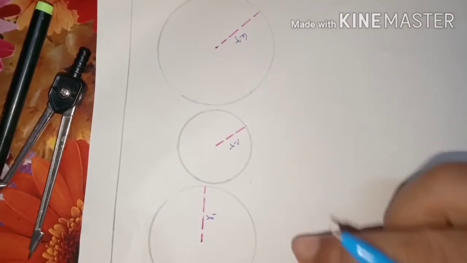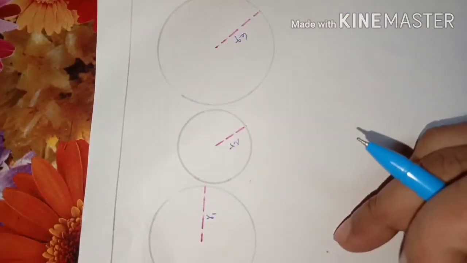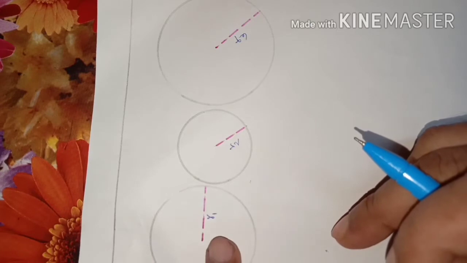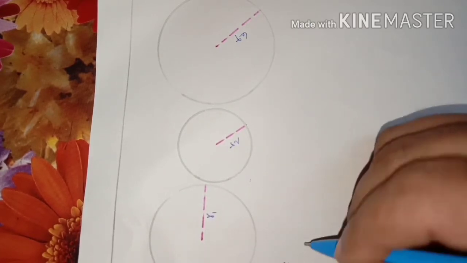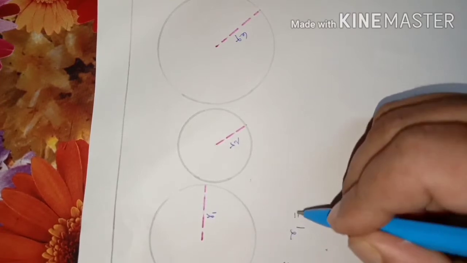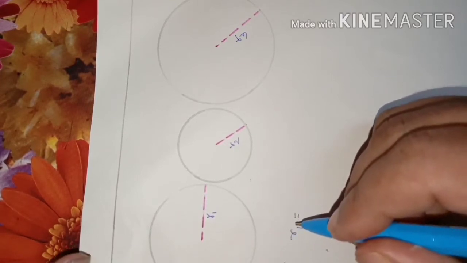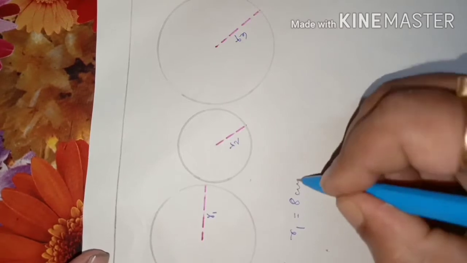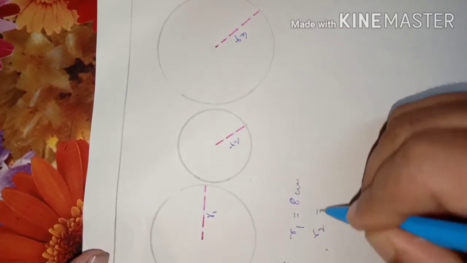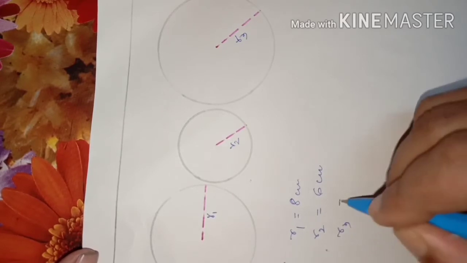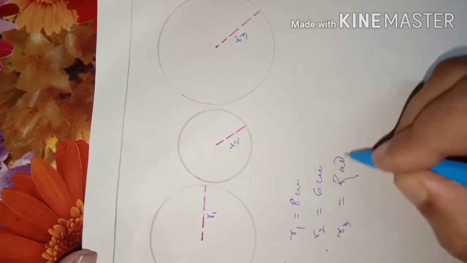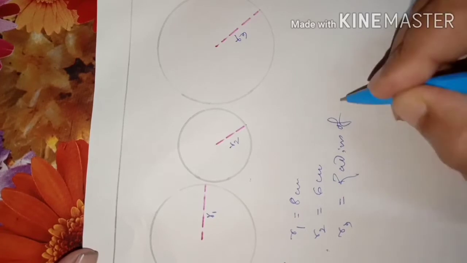These are the three circles. The radius of the first circle is R1, that is 8 centimeter. R2 is the radius of the second circle, that is 6 centimeter, and R3, the radius of the third circle, is not known.